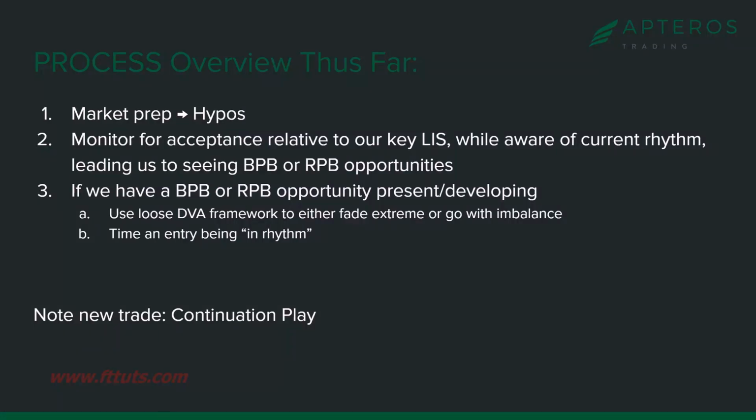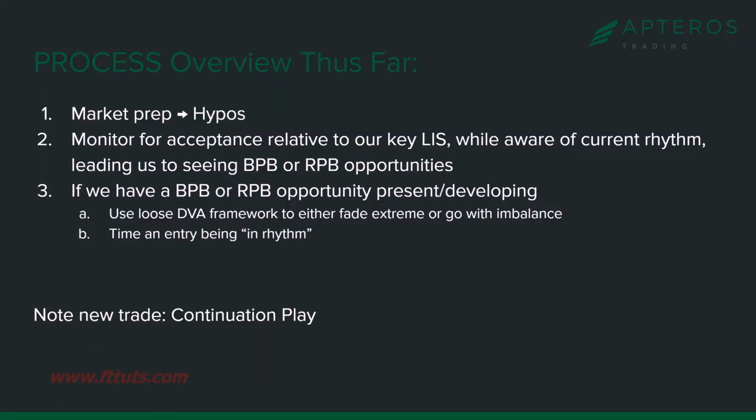Leading us to see where we have breakout pullback or return pullback opportunities, or second chance type entries, continuation plays. If we have one of those opportunities setting up for us, we can then, and only then, use developing value on our trading time frame as a loose framework to either fade an extreme or go with an imbalance.